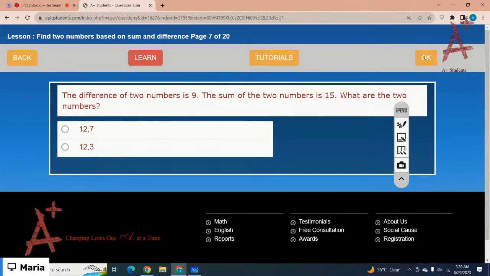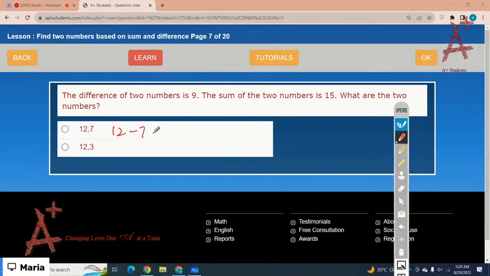The difference of two numbers is 9. The sum of two numbers is 15. What are the two numbers? Which is the correct option? Okay, sum is 15 and difference is 9. 12 minus 7 is 5, and when you add them, it makes 19.